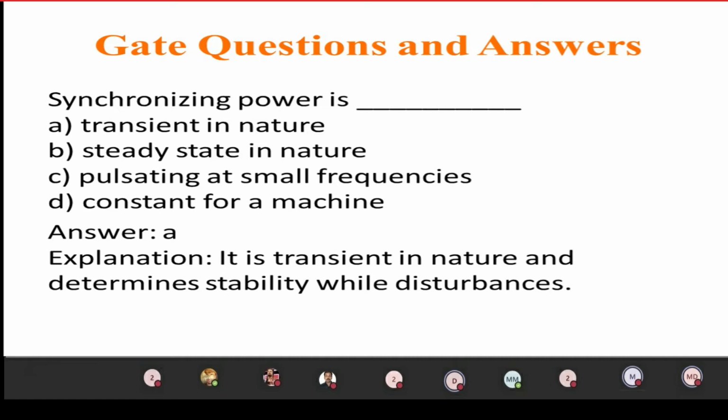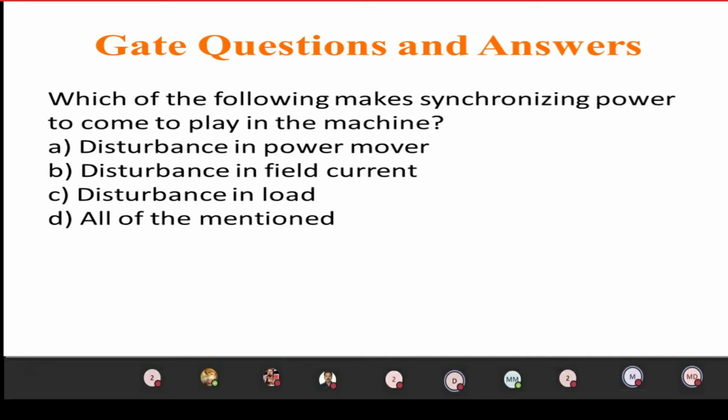So let's move to the next question. Which of the following makes synchronizing power come into play in the machine?